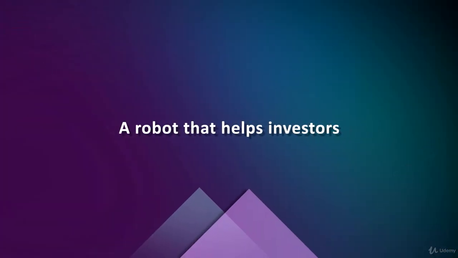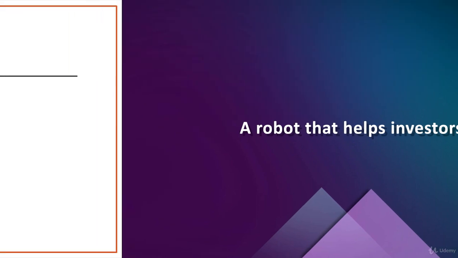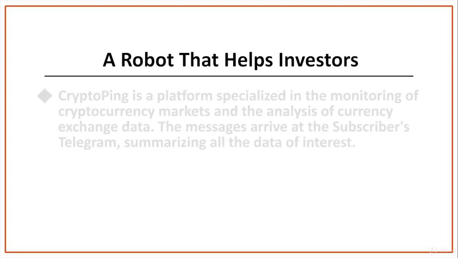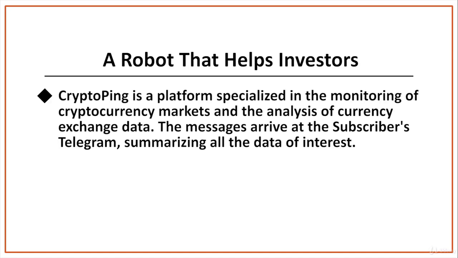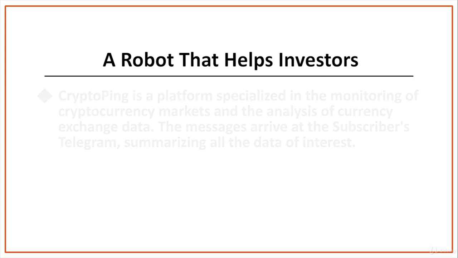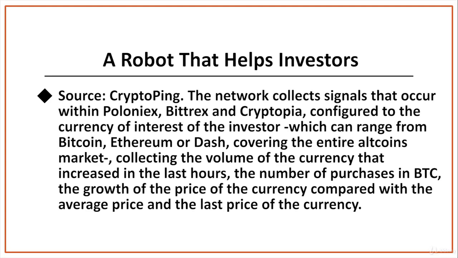Without a doubt, the application that could become the right hand of investors is CryptoPing, which will help the market monitoring work already mentioned as a whole. CryptoPing is a platform specialized in the monitoring of the cryptocurrency market and the analysis of currency exchange data. The messages arrive at the subscriber's Telegram, summarizing all the data of interest. The source will be CryptoPing.